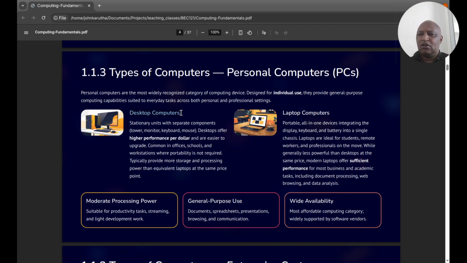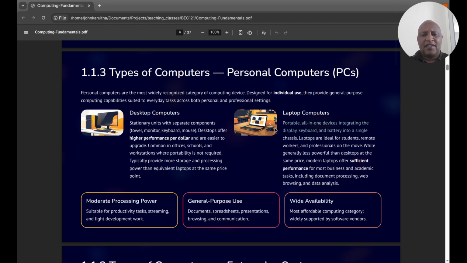You have a big box that is a processing unit. You have a separate mouse that you can remove and insert. The keyboard also comes separately. You can remove it and insert. Unlike a laptop computer which is portable, and all devices are integrated together. It is not easy to remove the keyboard of a laptop. It is removable, but it is not something that you can remove and plug back on the go.